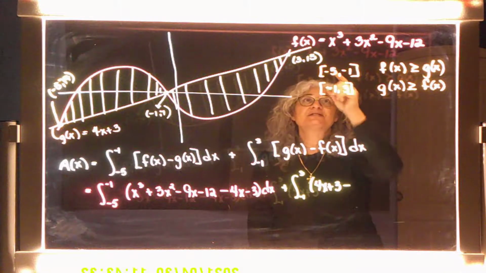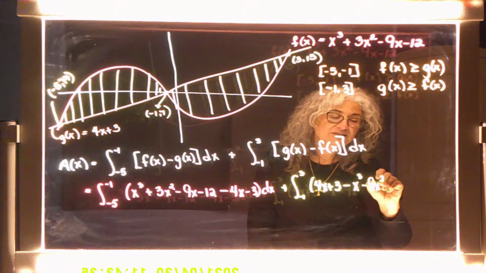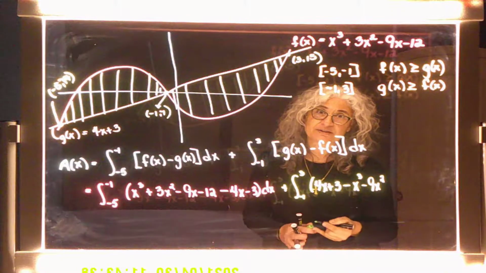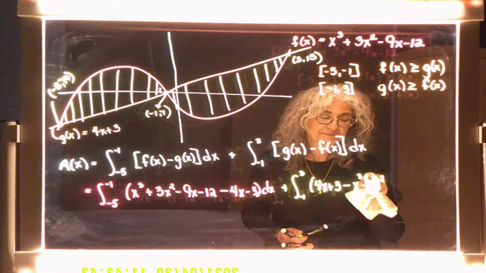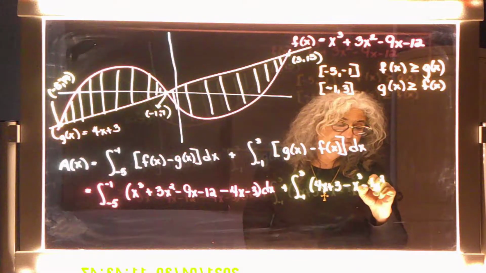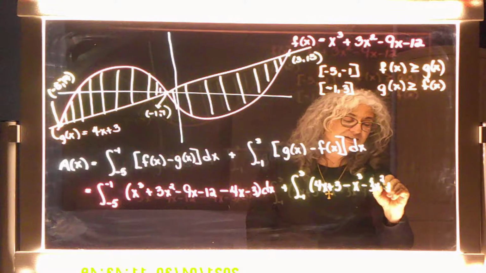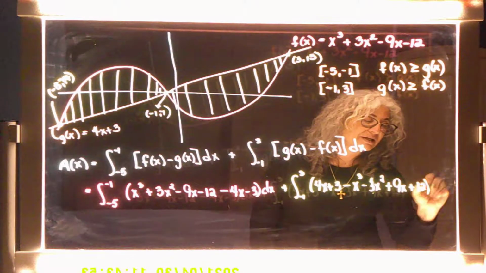Good. So that means it's going to be minus x to the third minus 3x squared, listen to me, not 9x squared, minus 3x squared. See what I mean? That's why it's good for us to work these problems together. Plus 9x plus 12 dx.